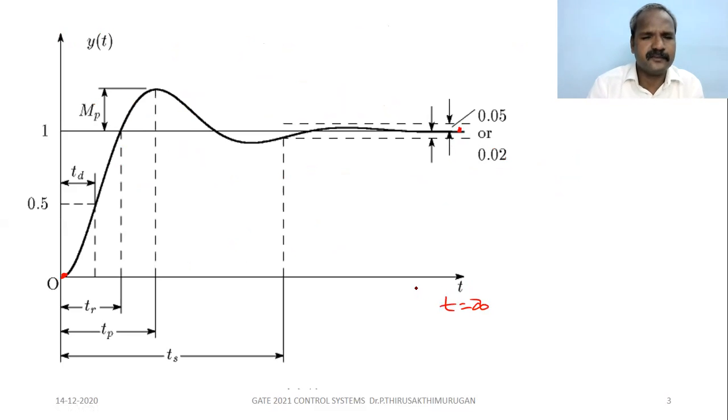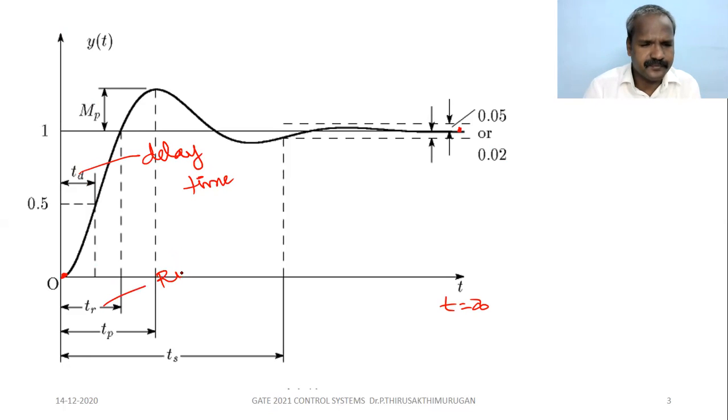So from this second order underdamped response, we can identify the different parameters. First one is delay time. This is rise time, TR equal to rise time. TP equal to peak time.